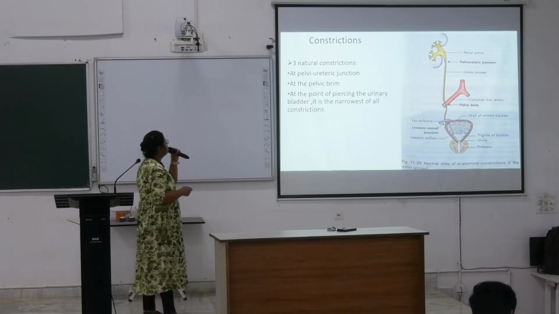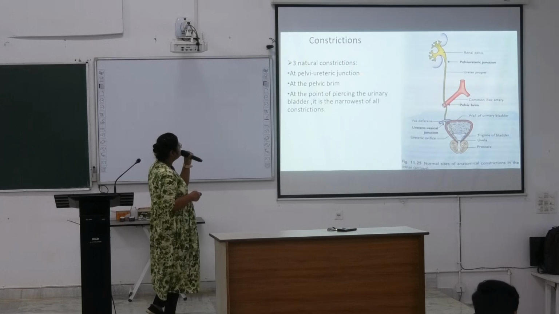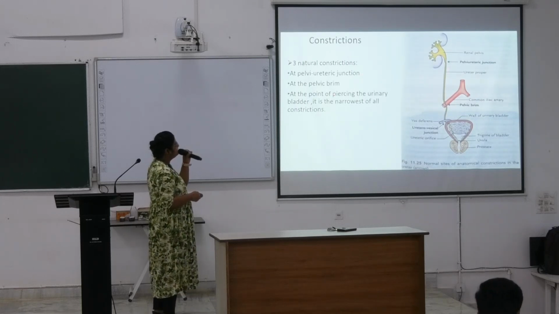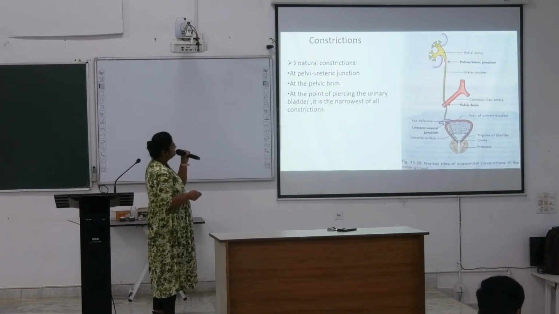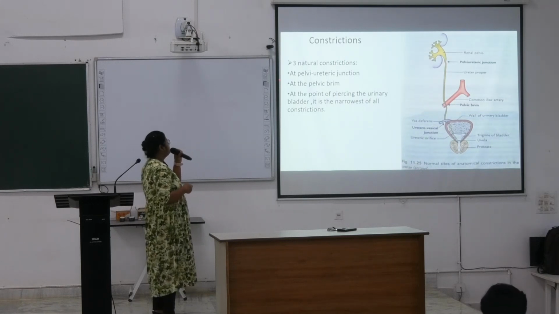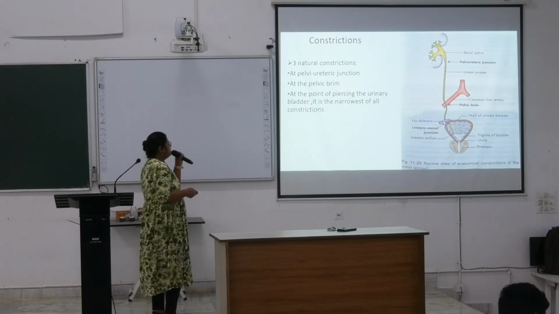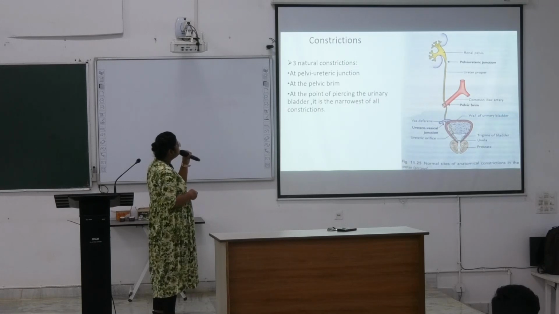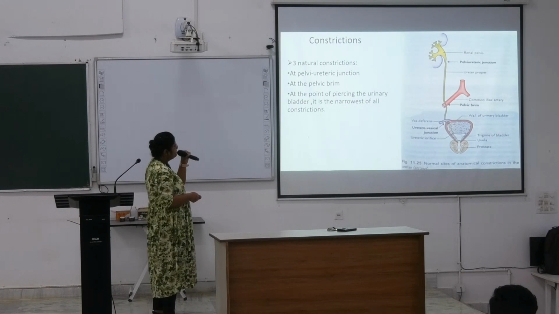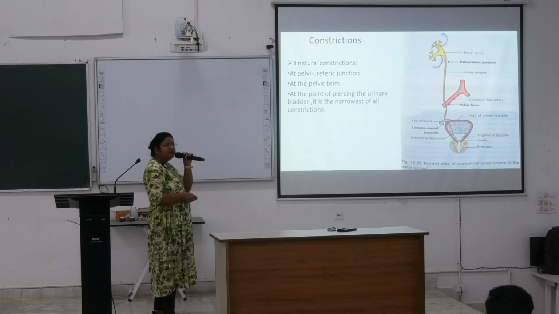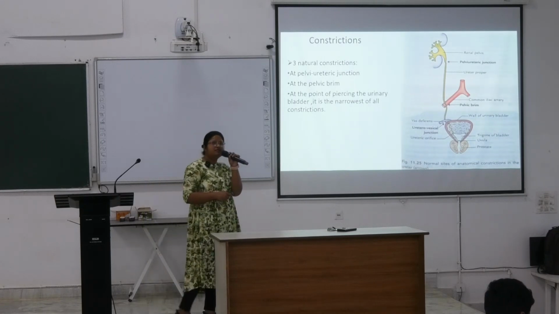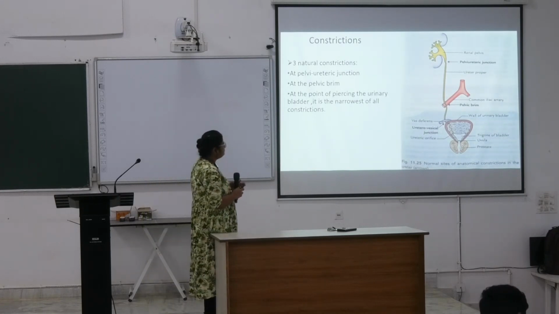So, there are 3 natural constrictions: at the pelviureteric junction, at the pelvic brim where it crosses the common iliac vessels, and at the point of piercing the urinary bladder. The third one, where it pierces the bladder wall, is the narrowest of all constrictions. That is also an important MCQ: which constriction is the narrowest?